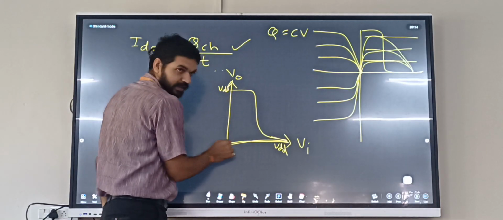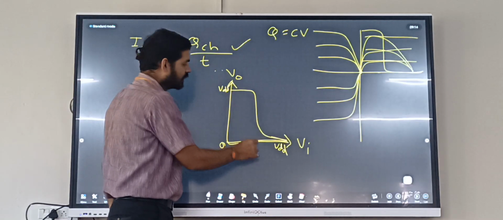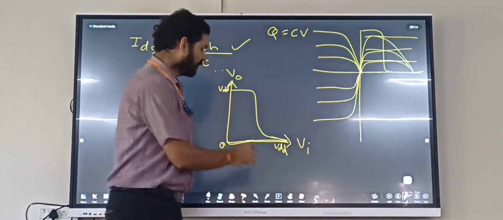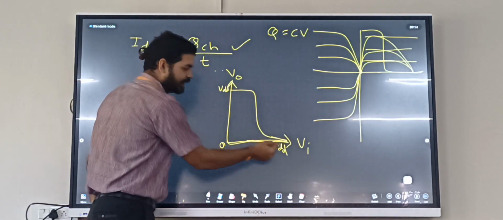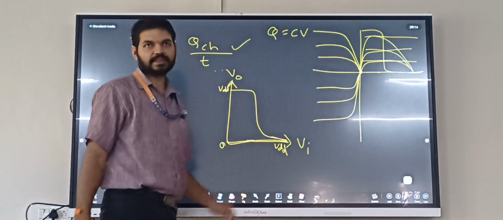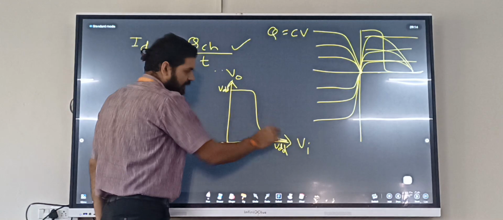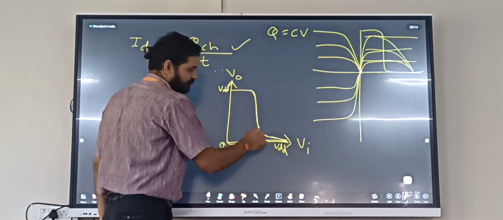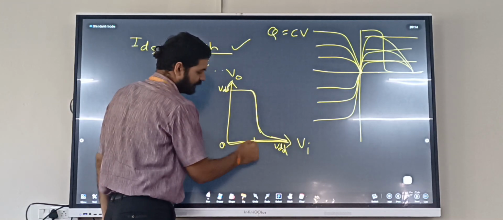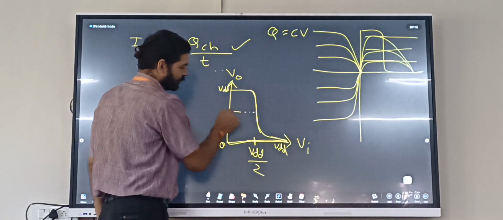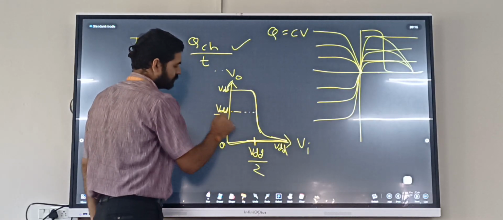When Vi increases for the inverter, the output will start falling, because for 0 input it is VDD and for VDD input the output is 0, because it is an inverter. As we proceed towards VDD, the output will fall. For example, if the input is VDD by 2, then the output is also VDD by 2.